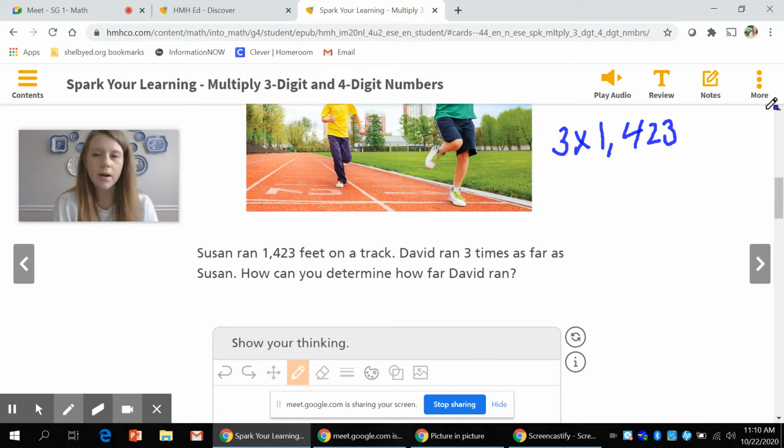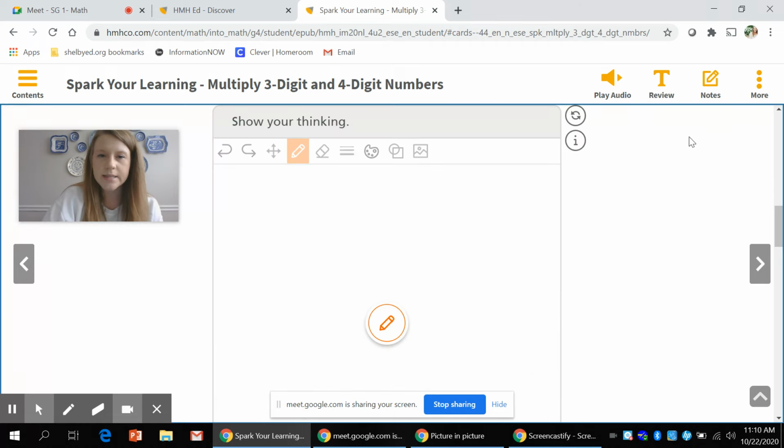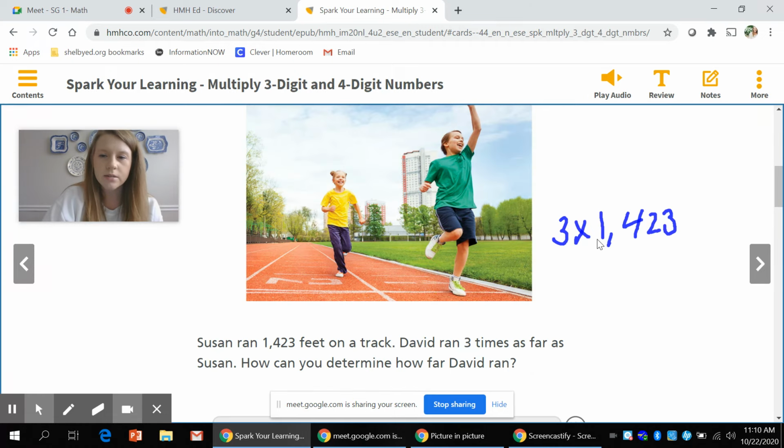All right, now in that empty rectangle that you have on your paper, use that space to solve it. 3 times 1,423. So you can use whichever strategy you want right now.